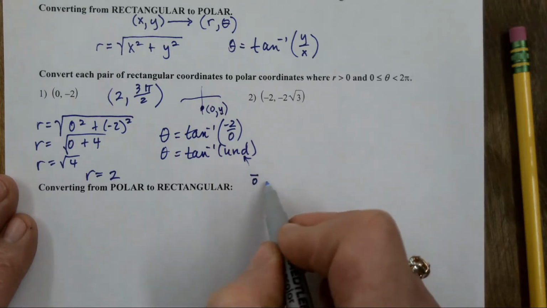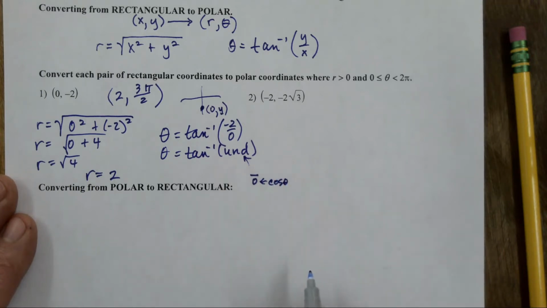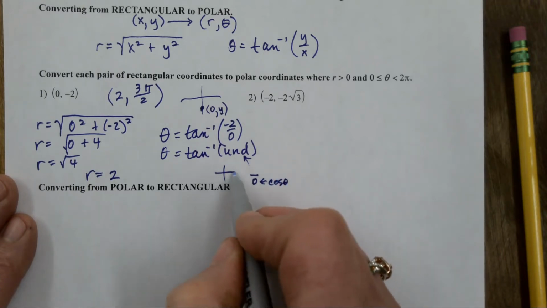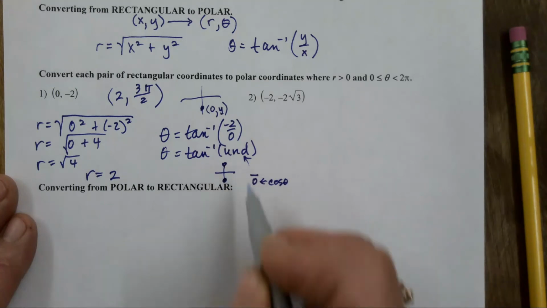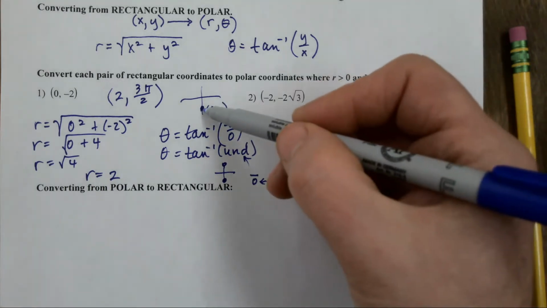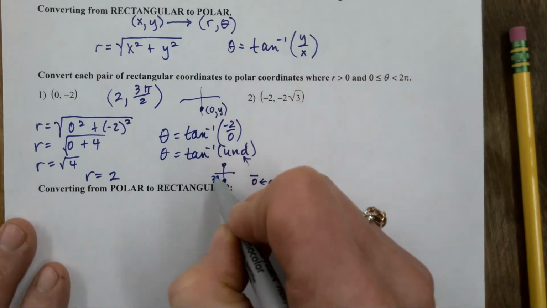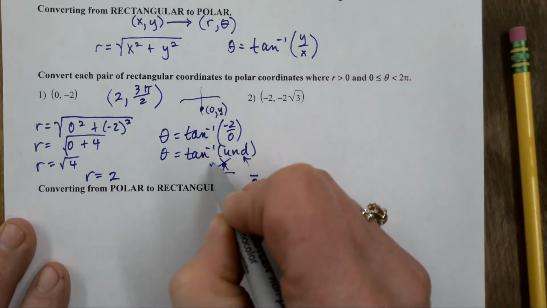So that means I need to look to find where the cosine is 0. And the cosine is 0 at pi over 2 and 3 pi over 2. And so we're going to choose the position that this original point is in. So we pick the bottom one, 3 pi over 2, not the pi over 2 one.